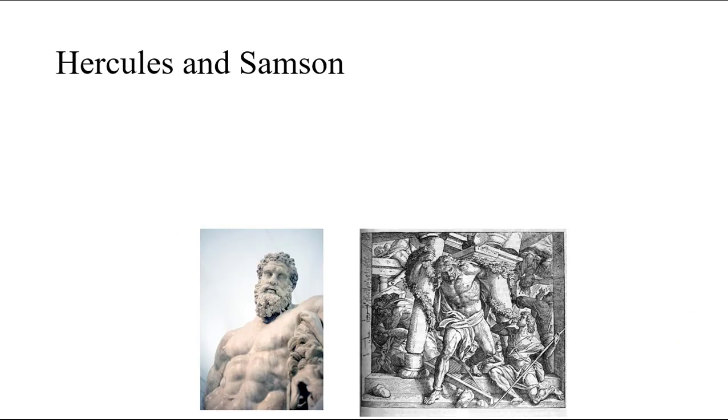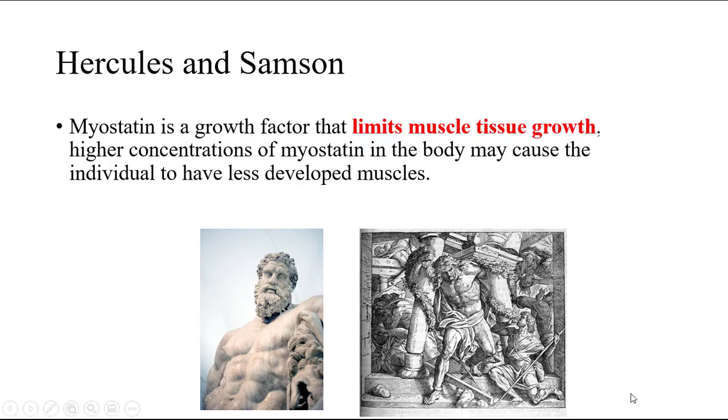I believe you know Hercules or Samson, right? At that time, they did not have any gym, right? But how can they have this kind of muscle? So I believe there is a gene, but there may be some mutation. Myostatin is a growth factor that limits muscle tissue growth.